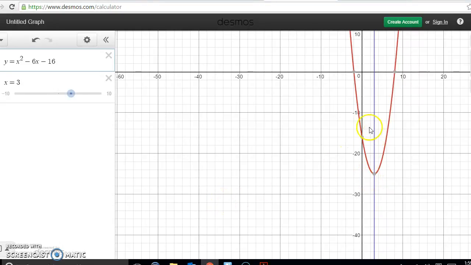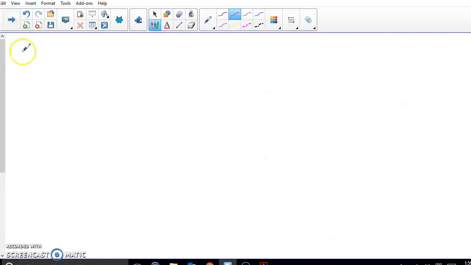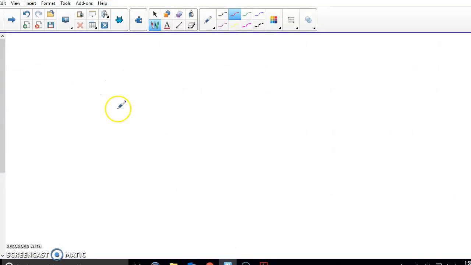So now we want to find where our graph is crossing the y-axis. To do that, you see the x-coordinate of our y-intercept is 0. We're crossing at the y-axis. So we're going to solve when x equals 0.